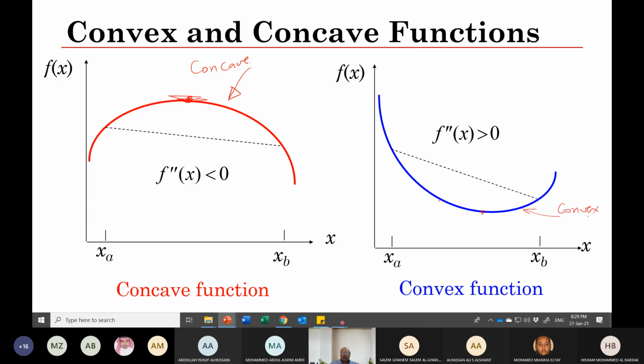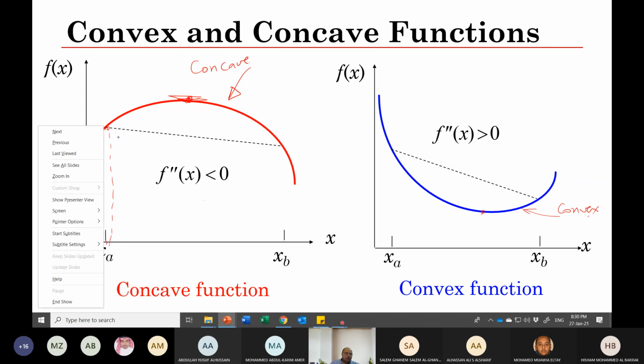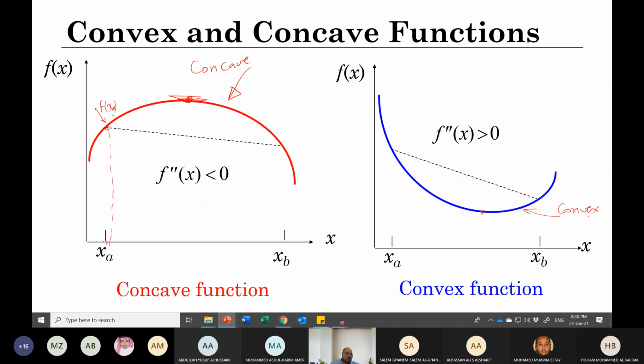Mathematically, we can express this principle. You can see here for this function, if you take any 2 points, xa and xb, this point is xa, and this is the function of xa.